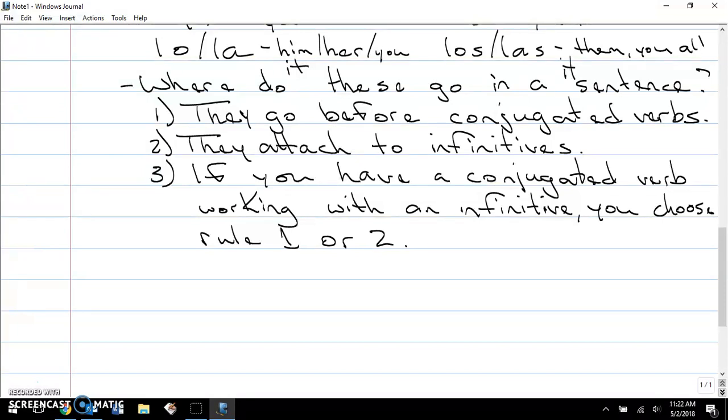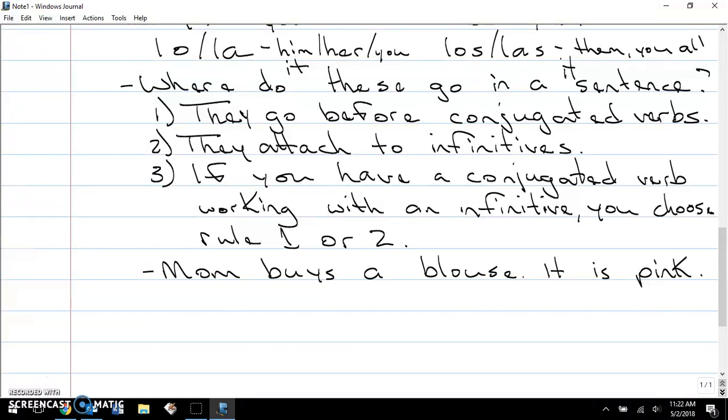So let's say Mom buys a blouse. It is pink.